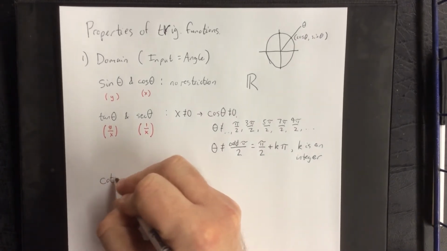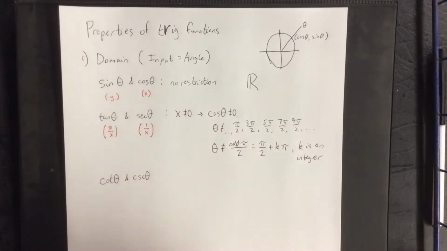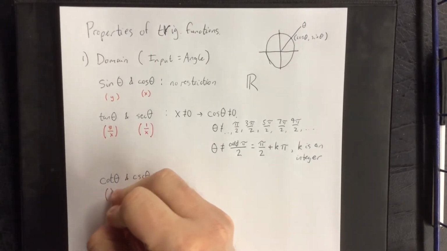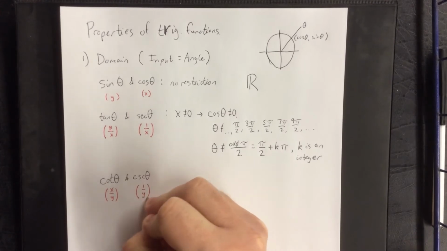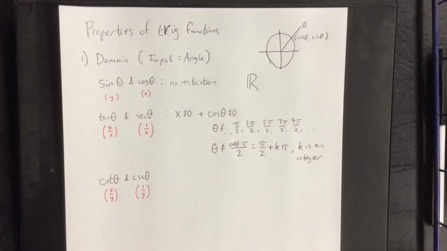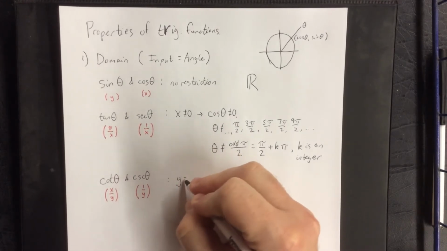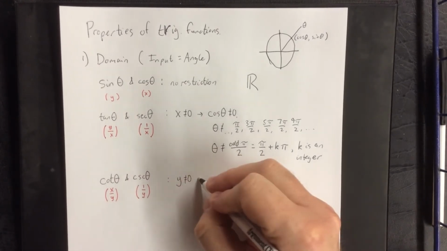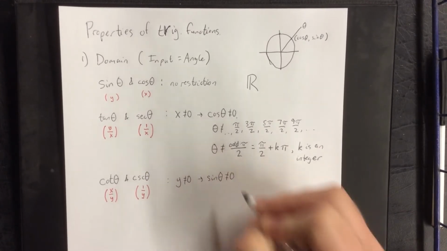Next up, I'd also like to put the cotangent as well as the cosecant together. Cotangent and cosecant go together because the cotangent is the ratio of x over y, and the cosecant is the ratio 1 over y. You'll notice that in both of these cases, it'll be necessary that y is not equal to 0, or more specifically, that the sine of theta is not equal to 0.